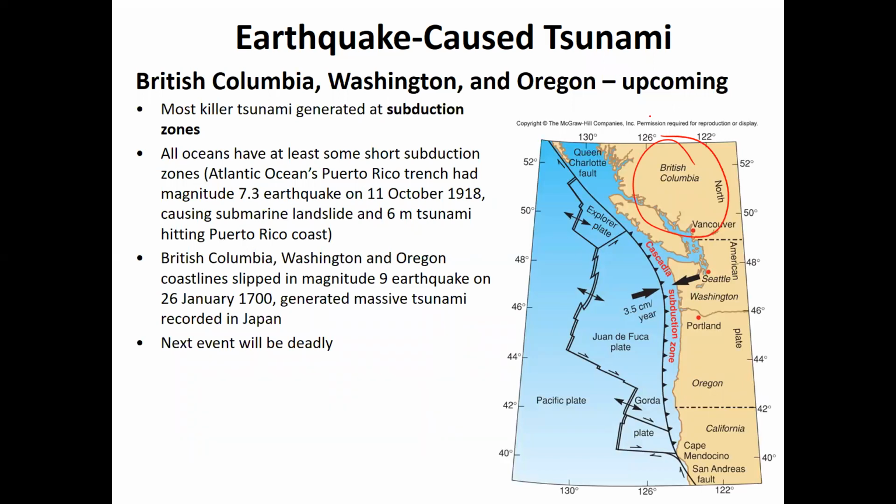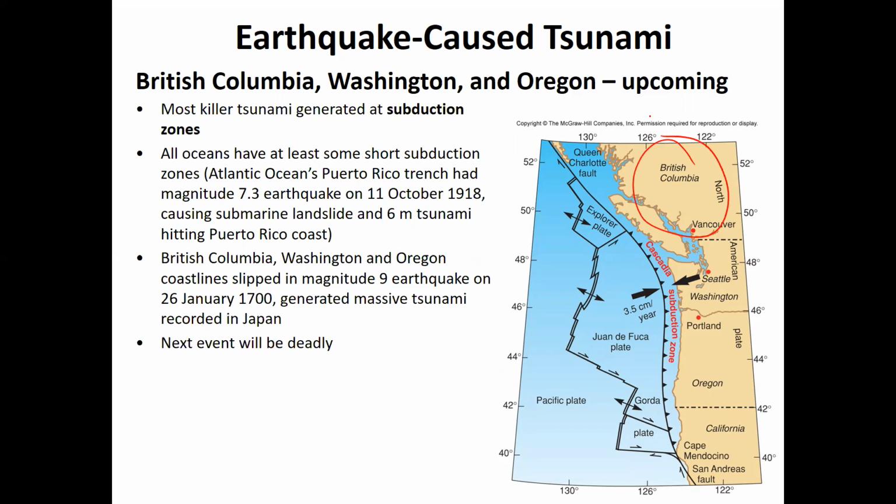There's also a record of it in the oral histories of the indigenous populations in this region. But also, there was a written record in Japan at this time, and the landfall of this tsunami on the Japanese coast was recorded.